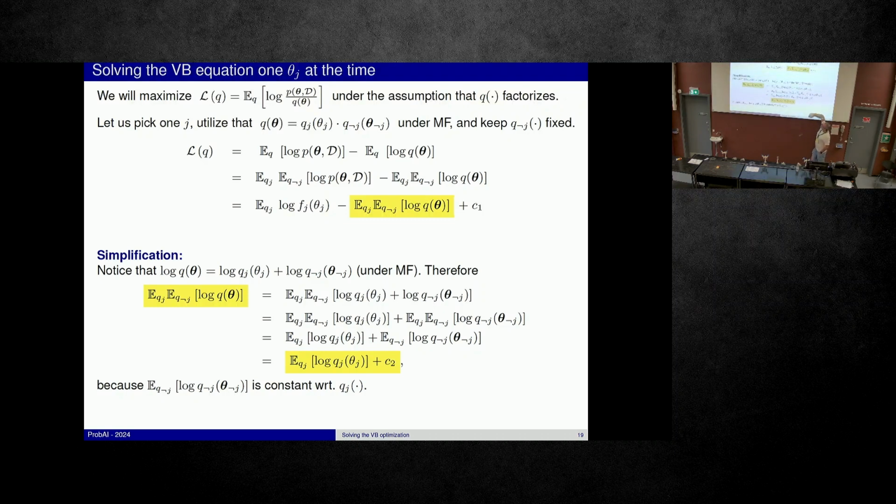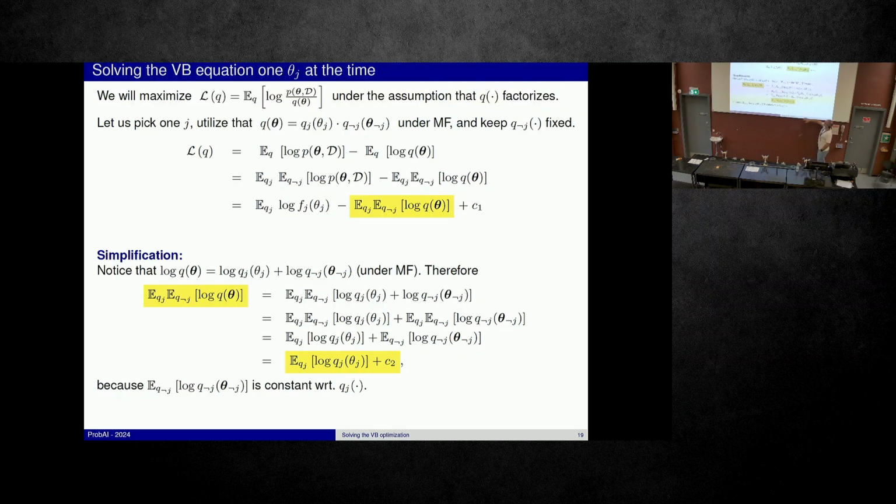From here to here, we are utilizing that this guy here does not depend on the other dimensions, so just removing that expectation operator. And for this thing, it does not depend on theta j, so remove that expectation operator. So now we are here.